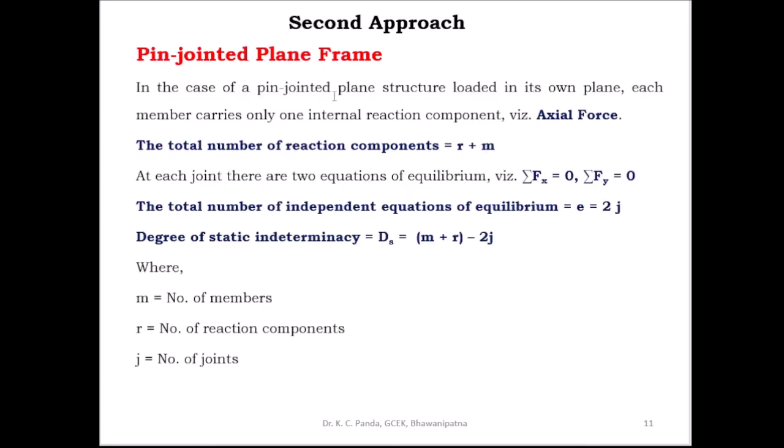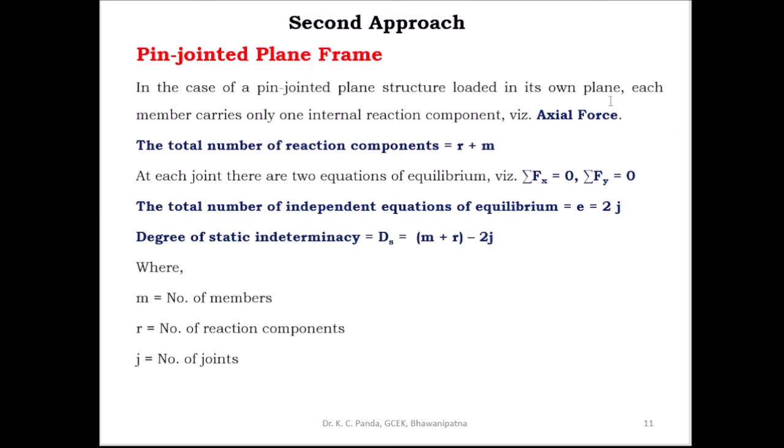Then coming to the second approach, first we will discuss the pin jointed plane frame, or plane truss, or 2D truss. In the case of a pin jointed plane frame loaded in its own plane, each member carries only one internal reaction component, that is axial force.